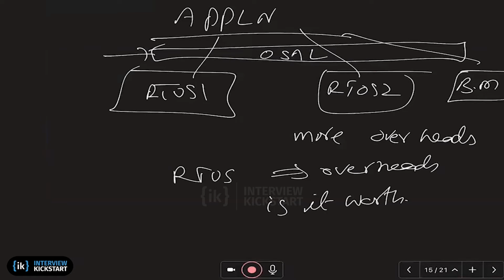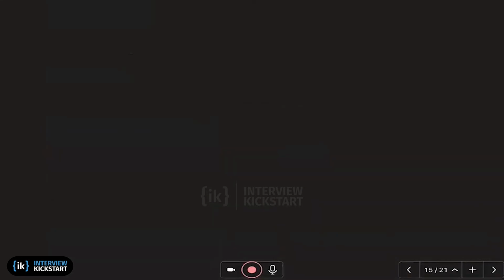Is it worth it in terms of the overheads, in terms of the cost, and even in terms of knowledge? If you have a team which has to learn RTOS things, there is a learning curve involved. So sometimes in projects you have to take decisions of this kind, especially in very low-end, low-cost products.